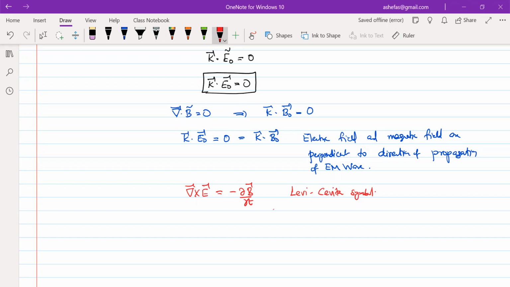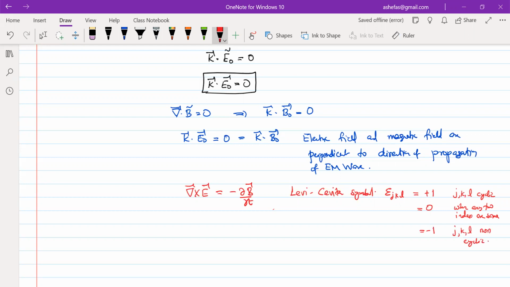This Levi-Civita symbol is usually denoted as epsilon, with three indices j, k, l. Its condition is that it is plus 1 if j, k, l is cyclic, it is equal to 0 when any two indices are the same, and it is equal to minus 1 if j, k, l is non-cyclic.